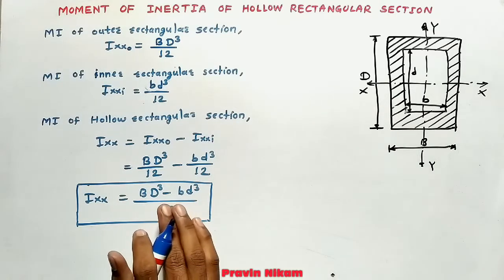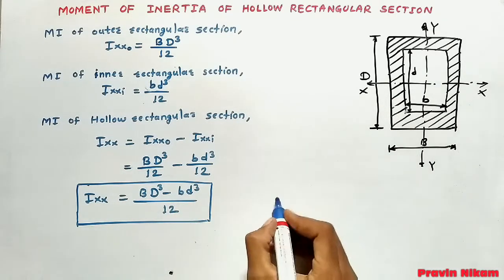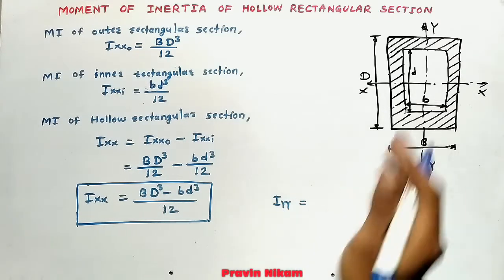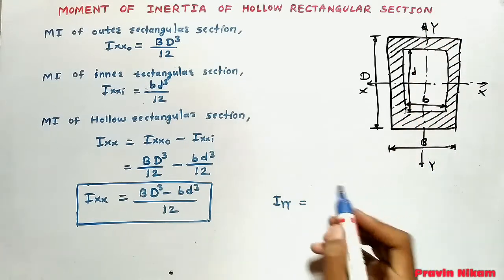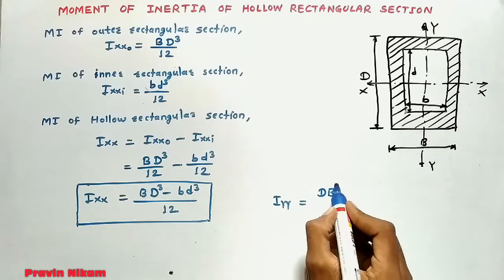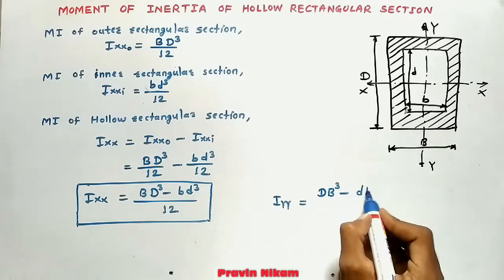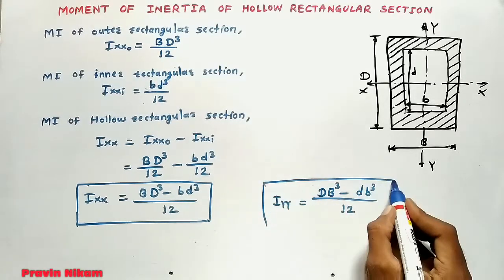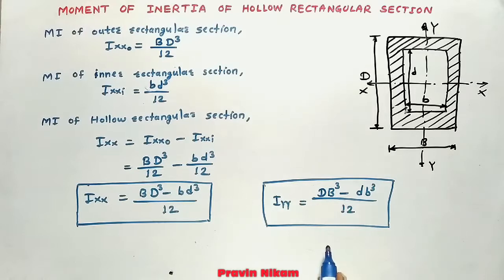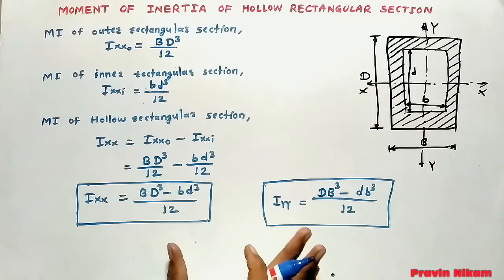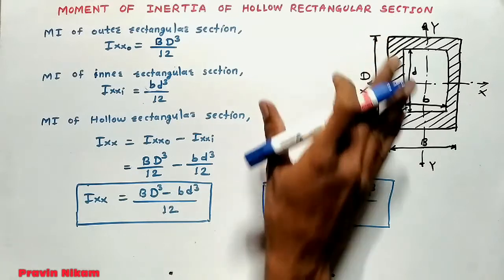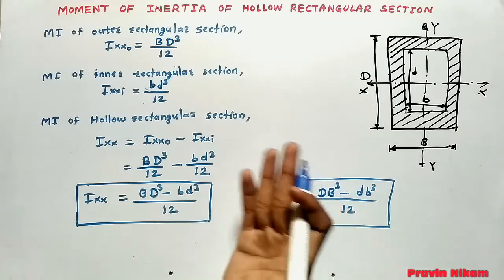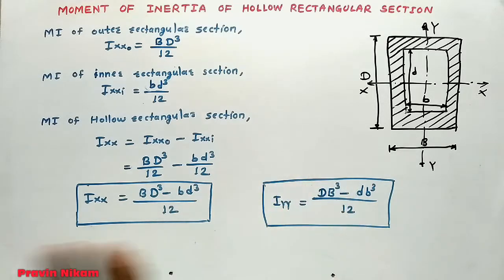And the moment of inertia about the yy axis, the vertical centroidal axis, is dB cube minus db cube divided by 12. So it is exactly opposite. These are the two formulas for a hollow rectangular section, and by using them you can solve problems based on it.